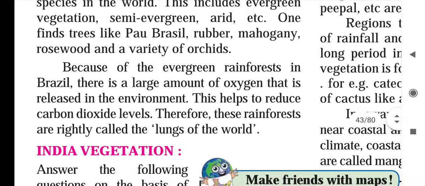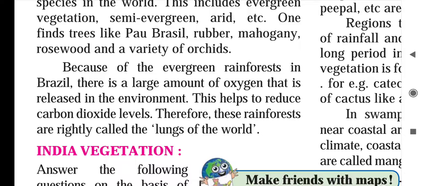Because of the evergreen forest in Brazil, a large amount of oxygen is released into the environment. This helps to reduce carbon dioxide levels. Therefore, these rainforests are rightly called the lungs of the world. So see students, here it is said that Brazil's evergreen forest provides a large amount of oxygen. As we know, in the process of photosynthesis, trees inhale carbon dioxide and exhale oxygen.